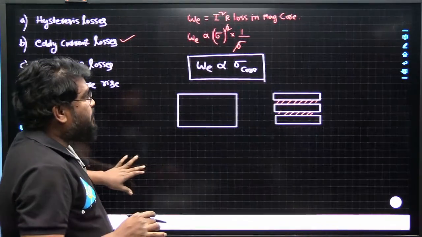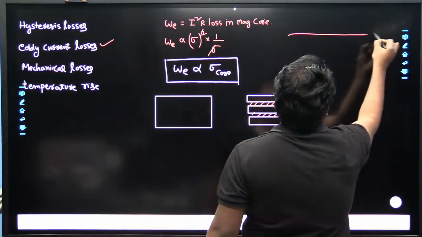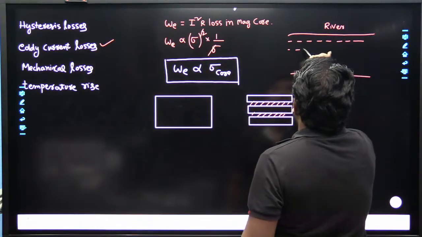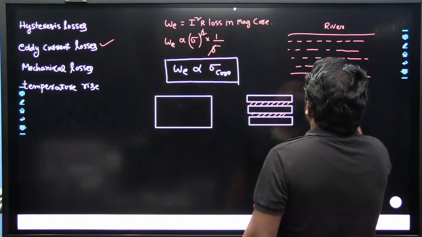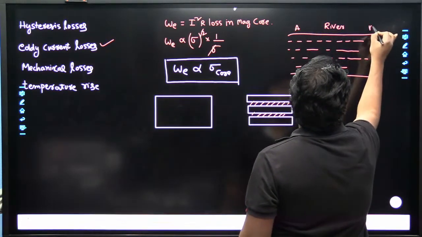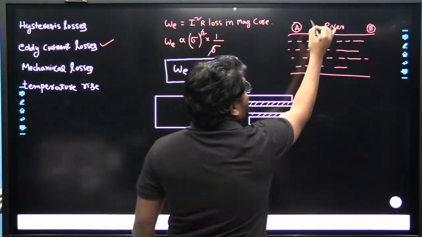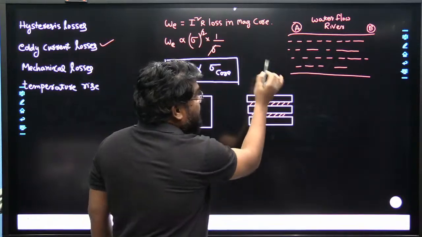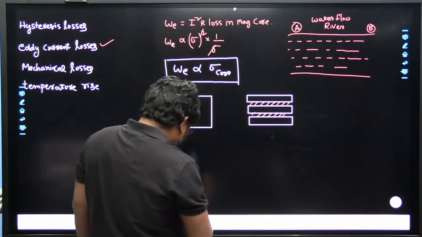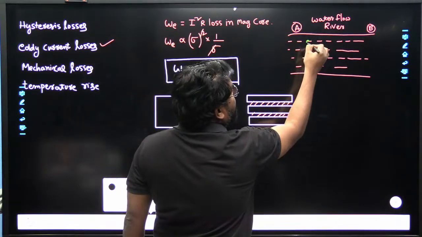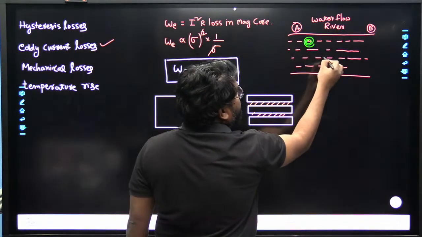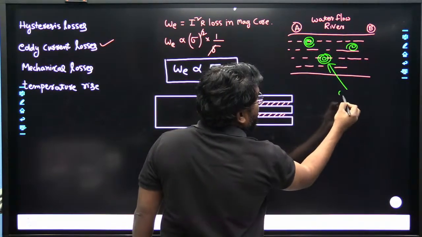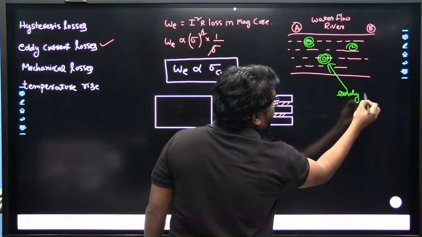Take an example: there is a river, and water flows in the river from point A to point B. But some amount of the water in the river circulates at only one point. This water is known as eddy water.